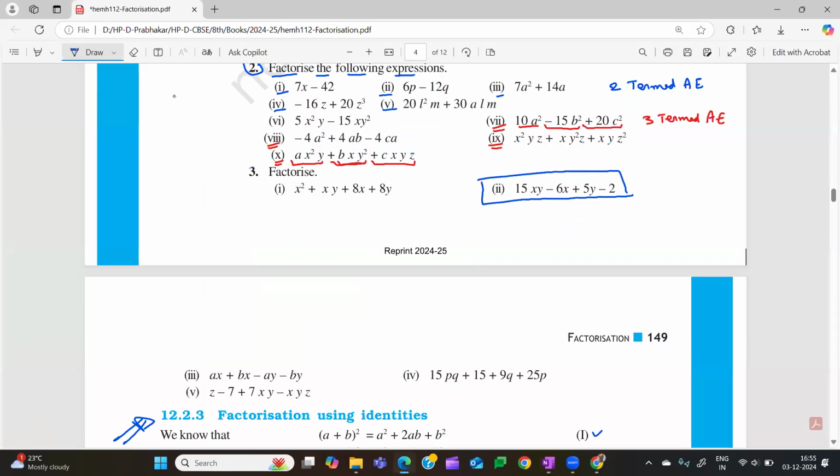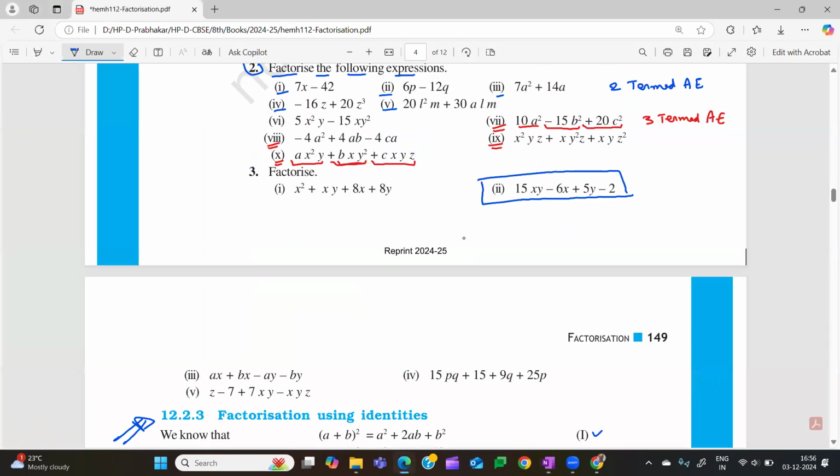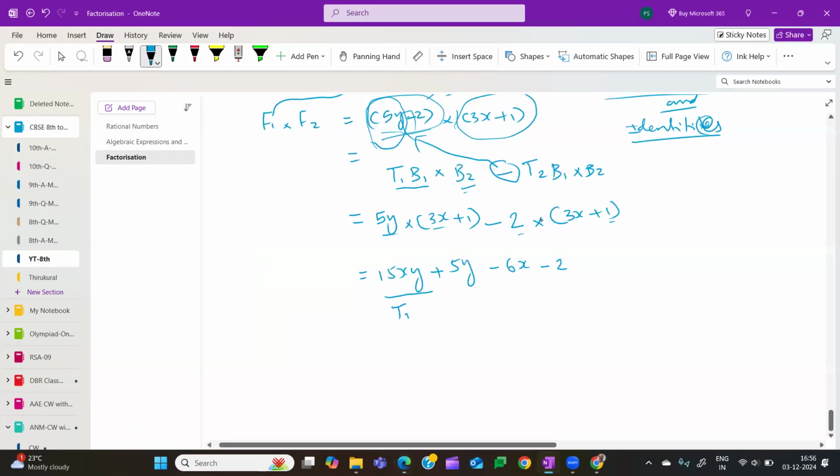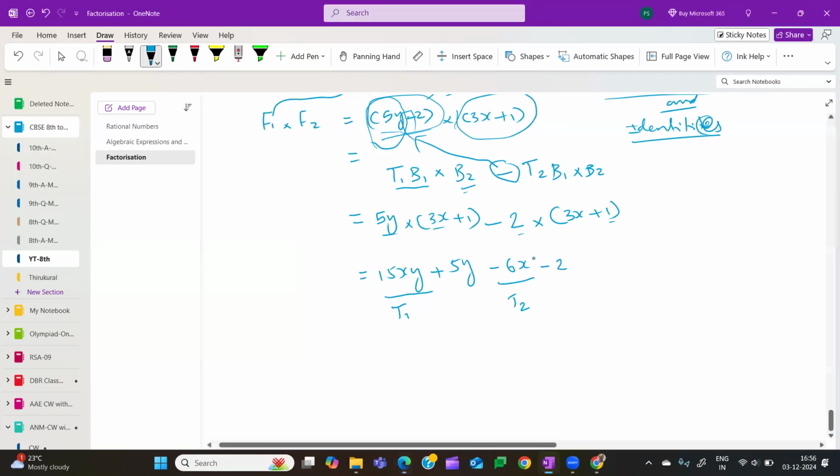You can see 15xy is the first term of our original algebraic expression. And next, we need to get minus 6x. Yes, this is the second term of our original algebraic expression. And the third term is plus 5y. Are we getting that?